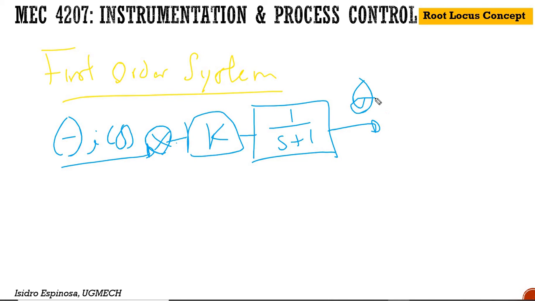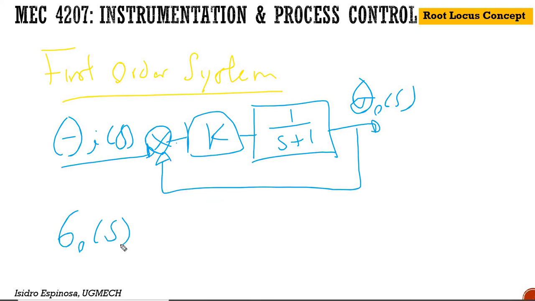We have the output, and we have a certain feedback, right? Just to relate to the feedback system. So we look at the diagram. We have the open loop transfer function of k over s plus 1.